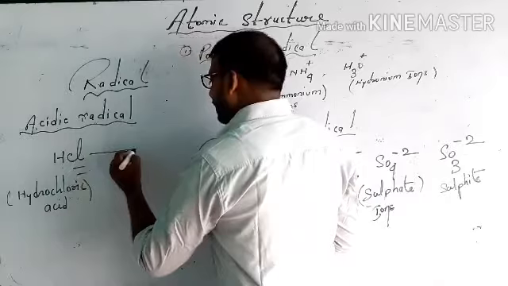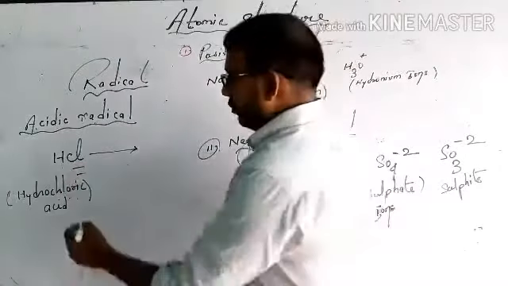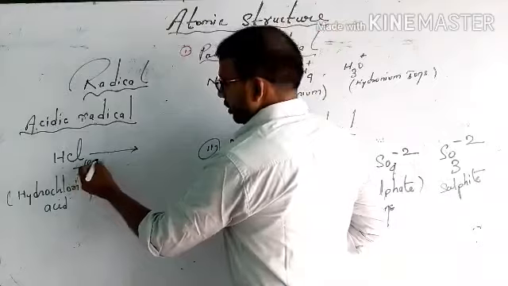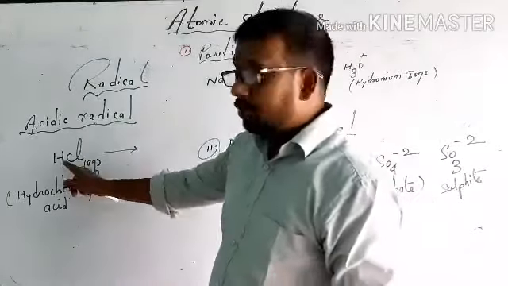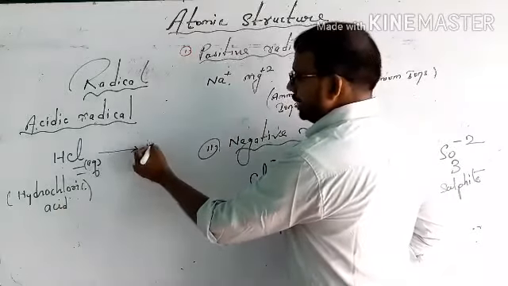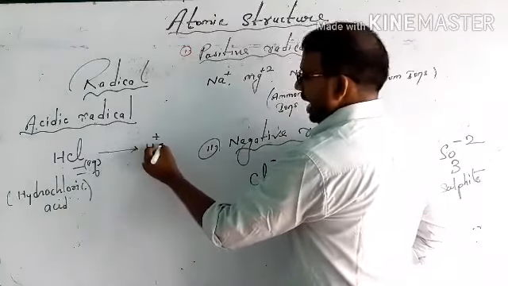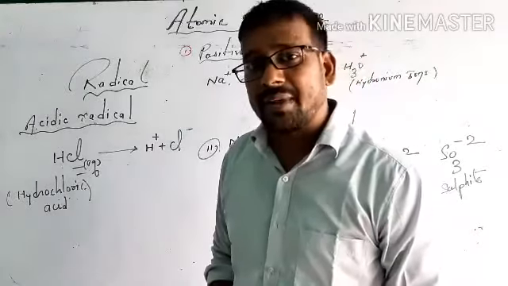If this acid dissociates in water, aqueous, which means dissolved in water, what forms? H plus and Cl minus.